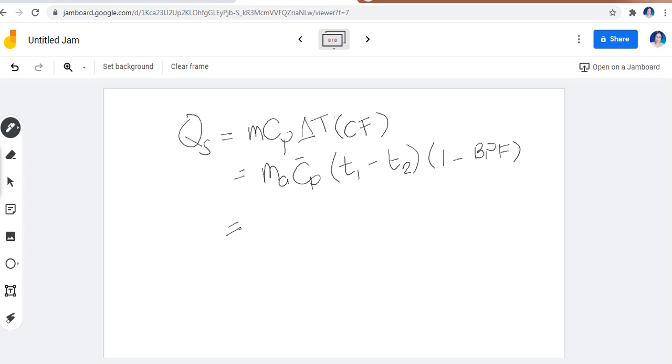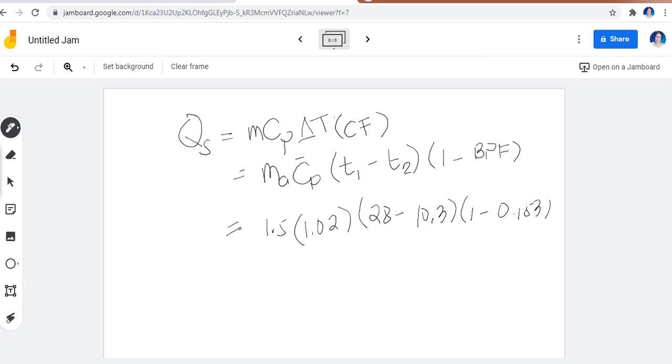So you need to now substitute the values. Your m is 1.5, that's the mass flow rate. Then your humid heat was given to you already at 1.02. Then your T1 is 28, your T2 is 10.3, and you have 1 minus the computed bypass factor, which is your contact factor.